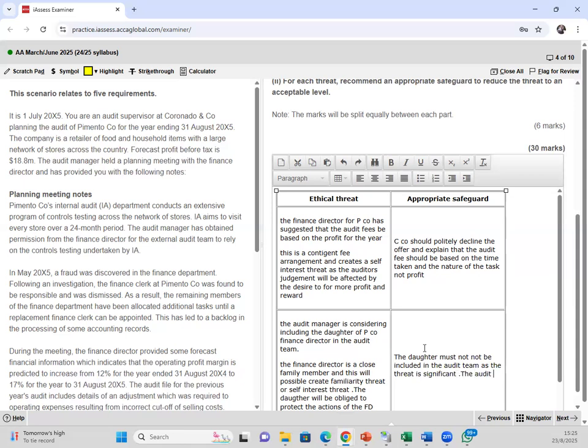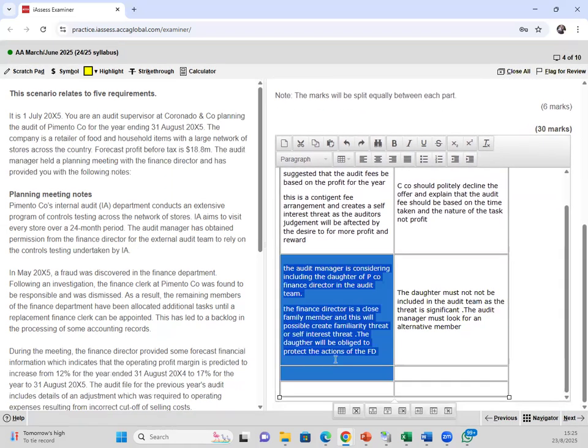The audit manager must look for an alternative member.